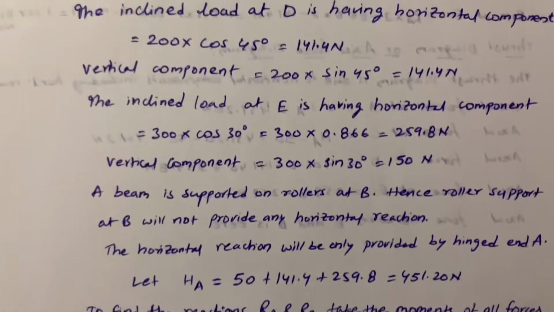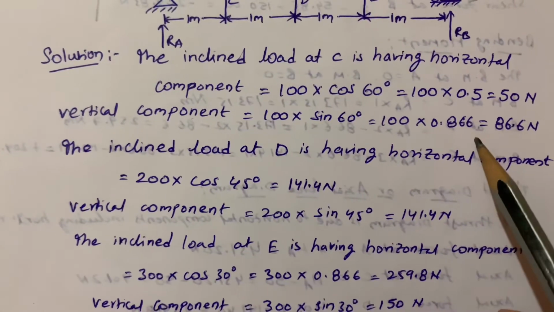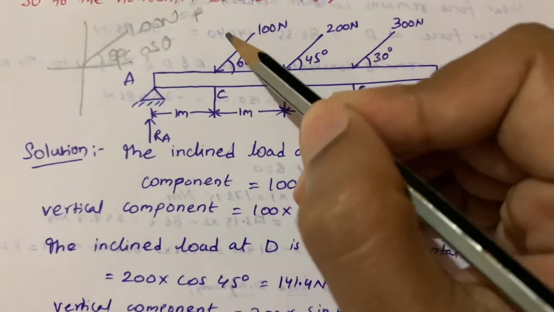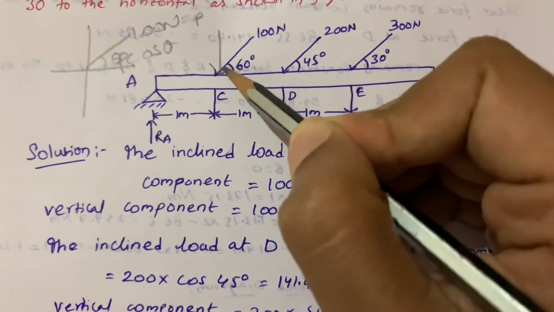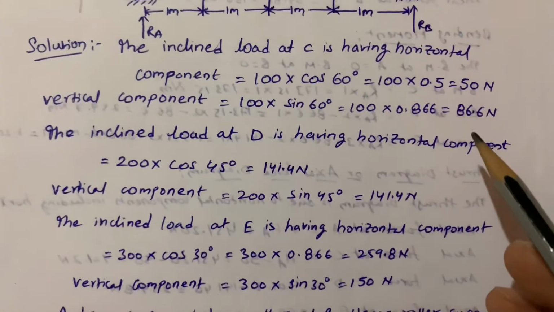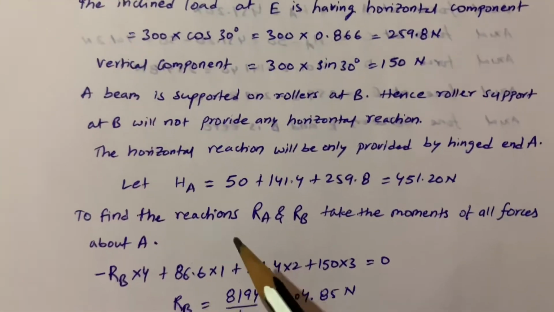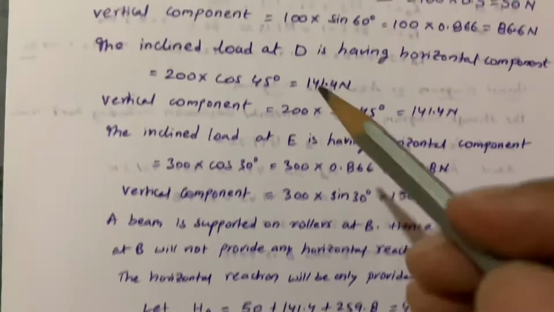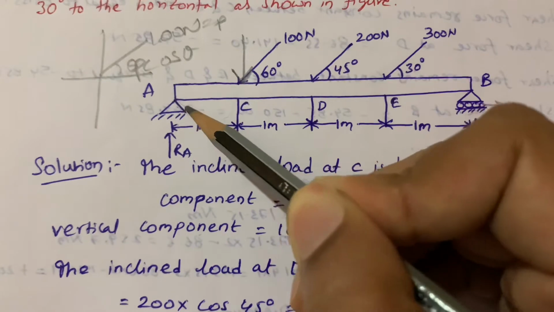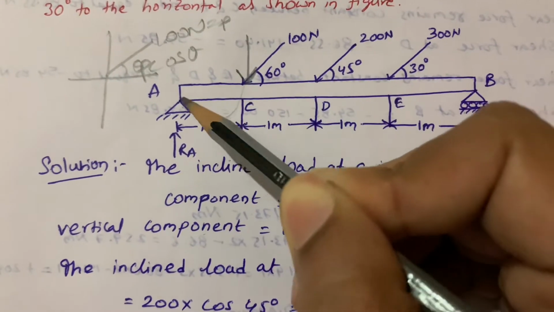86.6 into 1 is nothing but this one. This is the vertical component of C. We resolve this component as vertical, 86.6. Force into perpendicular distance. Now 86.6 about A is a clockwise moment.